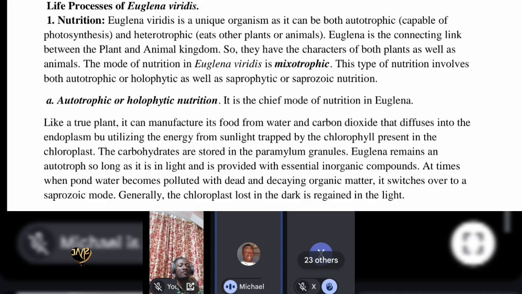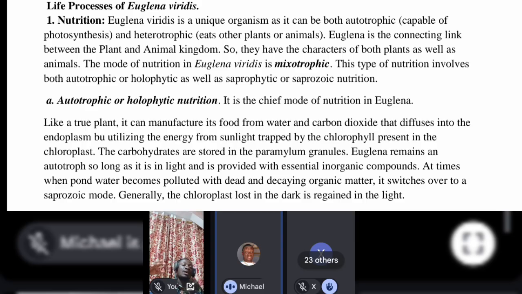So autotrophic feeding is the same as holophytic. When we say an organism is holophytic, it's the same as an organism that can prepare its own food, either through light or chemical. So some are chemoautotrophs, some are photoautotrophs. Remember, chemo means chemical, auto means self, trophic means feeding.